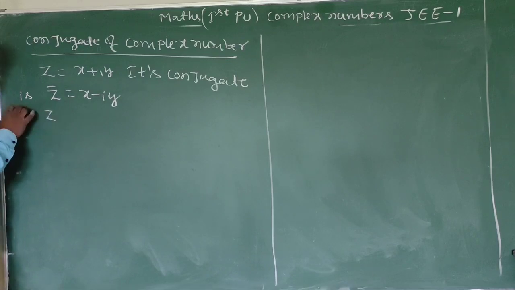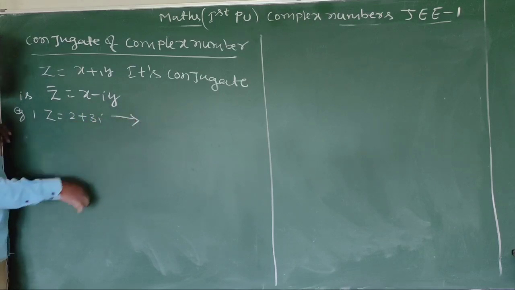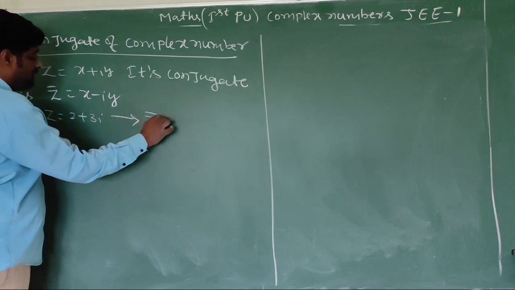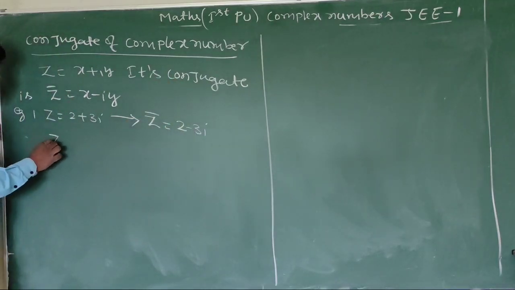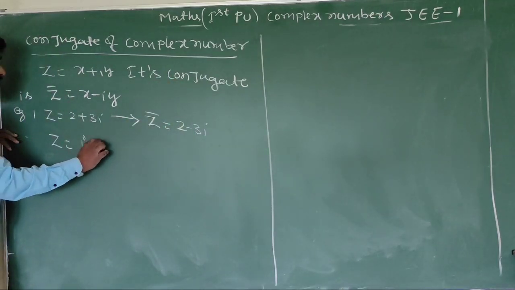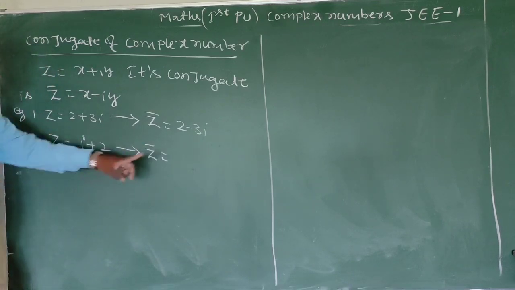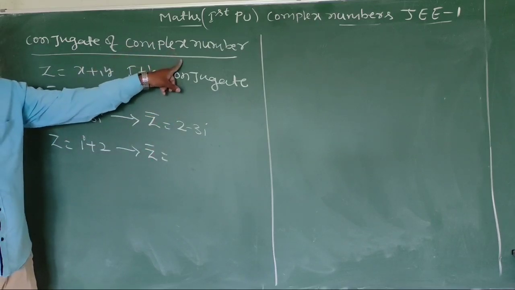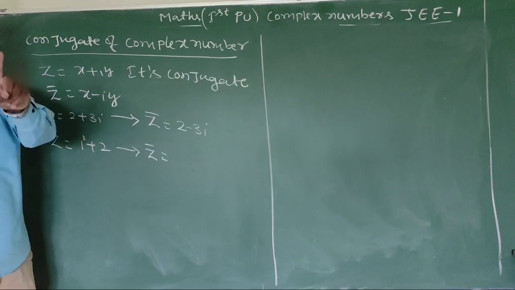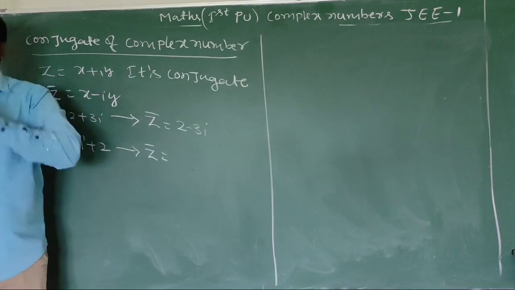Suppose I will take examples. Z is equal to 2 plus 3i. Its conjugate is z bar equal to 2 minus 3i. Suppose I take one more example, i plus 2. Its conjugate is what? Don't write i minus 2. That is wrong. Conjugate of a complex number means change in the sign of the imaginary part.